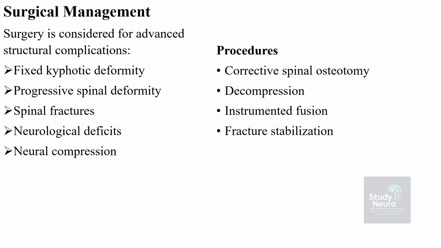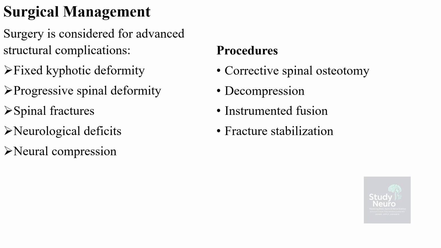Surgery is considered when ankylosing spondylitis causes advanced structural problems that significantly affect function or threaten neurological safety. This may include a fixed kyphotic deformity, progressive spinal deformity, or an unstable spinal fracture, particularly when neural compression or neurological deficits are present. The surgical procedure depends on the specific problem.